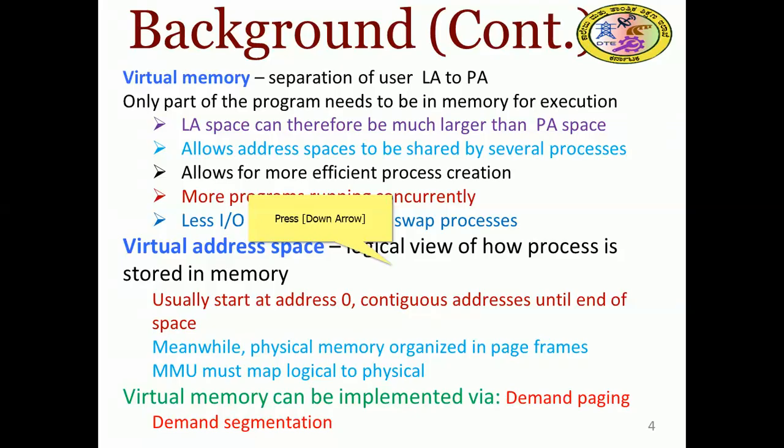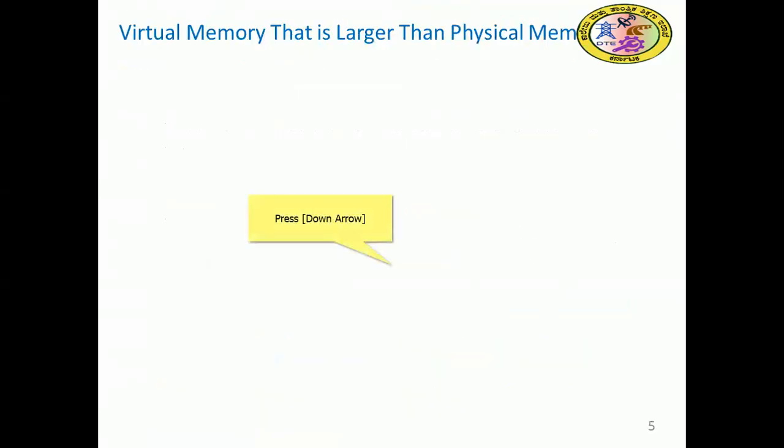The entire program is not necessary to keep there, only the portion currently going to be executed is put in memory. So virtual memory helps to zoom out the small physical memory, giving virtual memory larger than the physical memory.